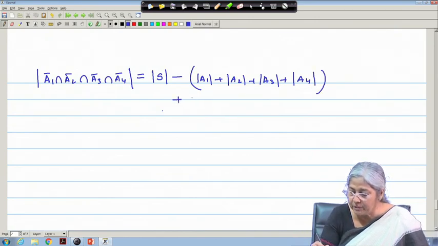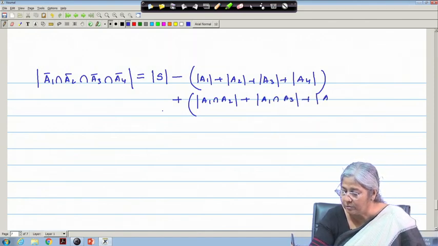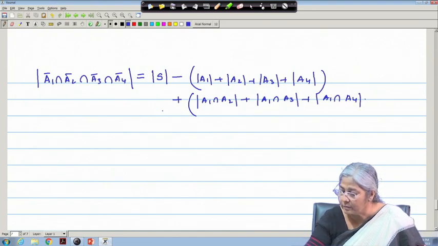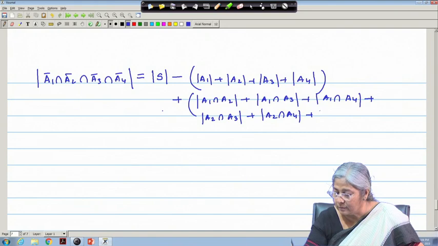Then 2 combinations I have to add: A1 A2, A1 A3, A1 A4, then A2 A3, A2 A4 and A3 A4.